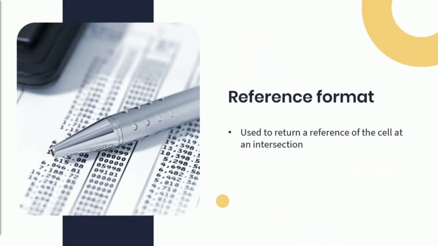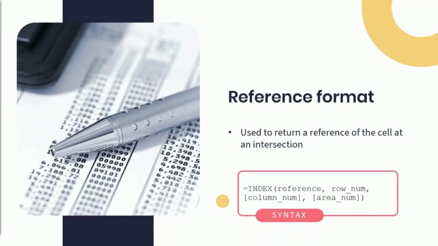Secondly, we get our reference format. Now the reference format is used to return the reference of the cells at an intersection of a row and a column. So the syntax is as follows. Index, open your brackets, reference, which is a reference to one or more cells. When we use more cells, they need to be separated by a comma and enclosed within brackets.